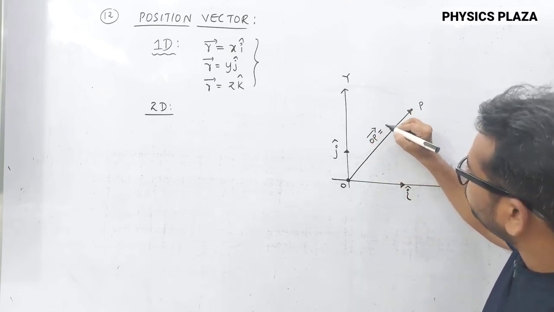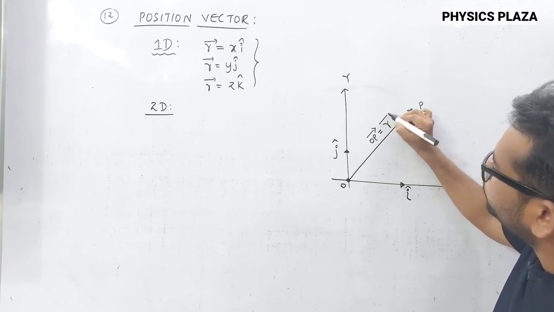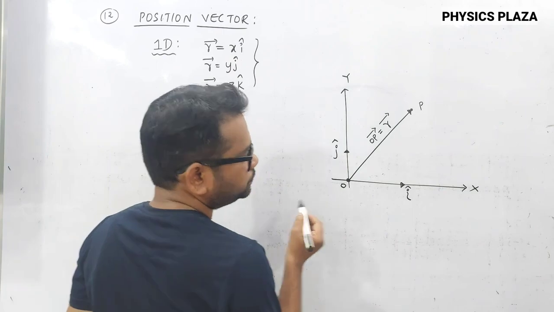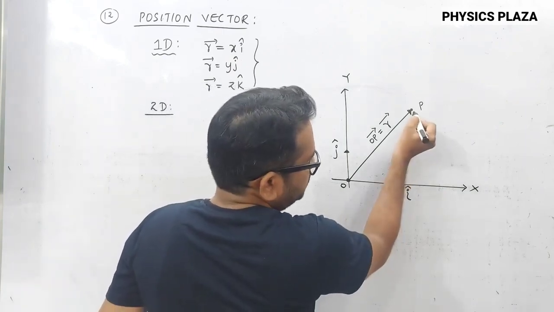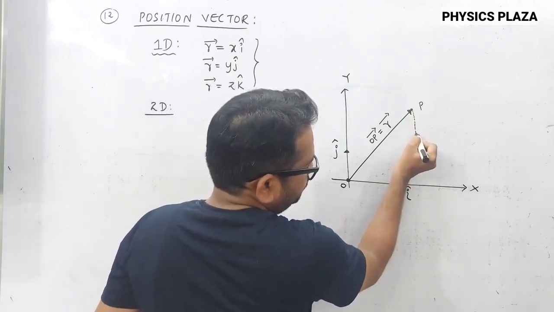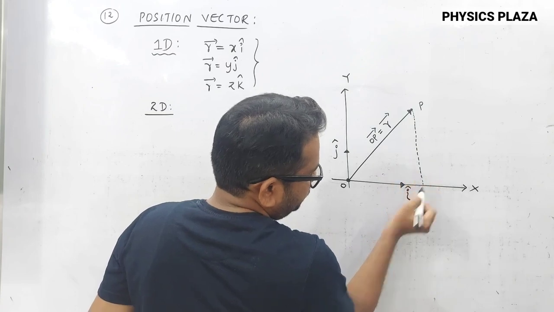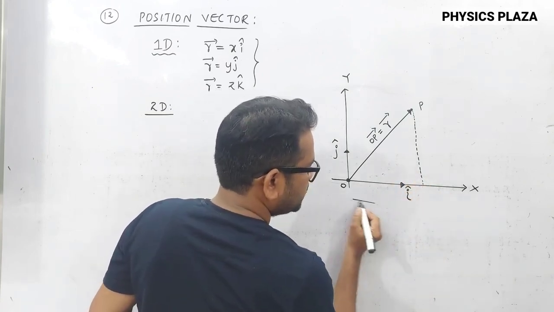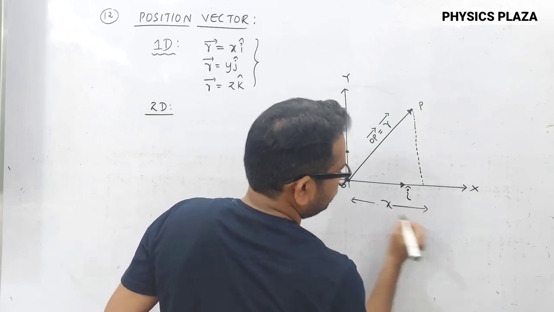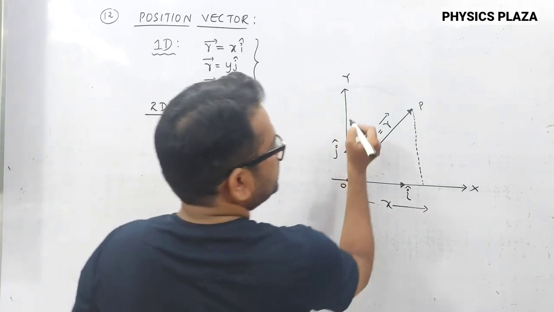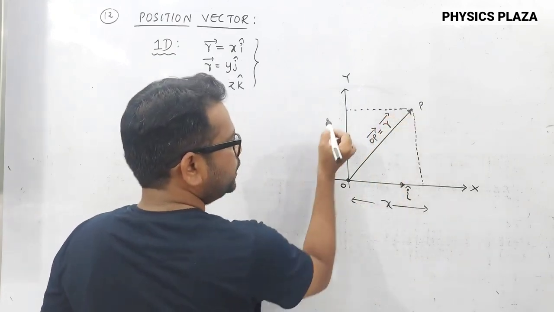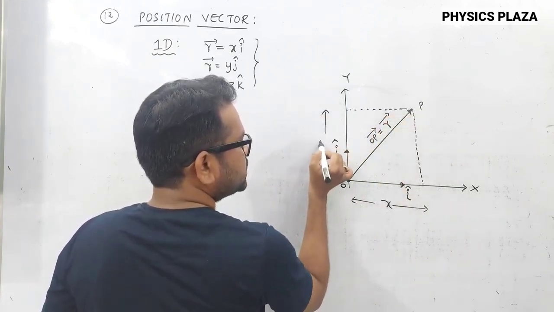We can also represent it with r cap. Now if you draw a projection here along the x-axis direction, it has covered some x units, whereas if we draw one more projection on the y-axis, along the y-axis it has covered y units.